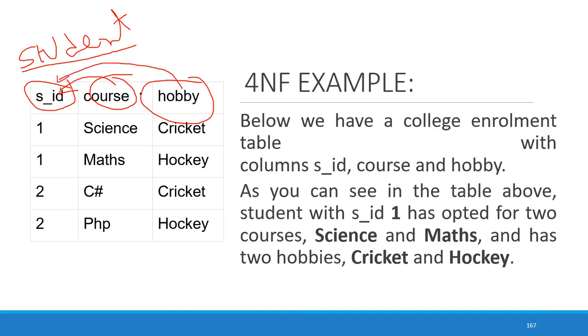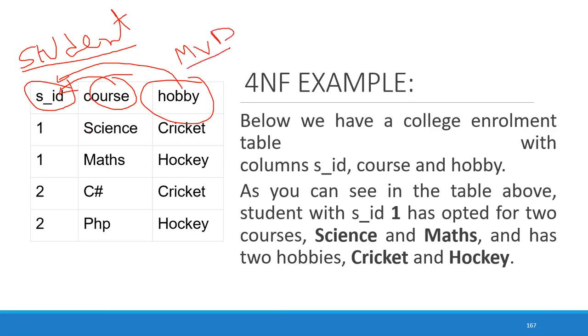Both course and hobby are independent of each other; there is no relation between these two attributes. Both depend on student ID. So here there is a multi-valued dependency.